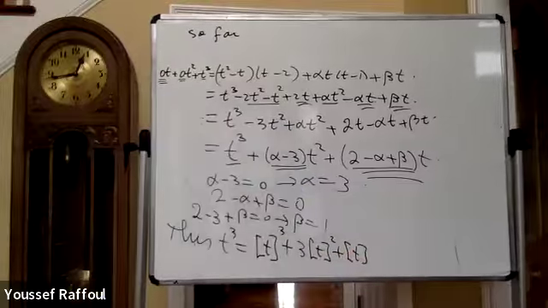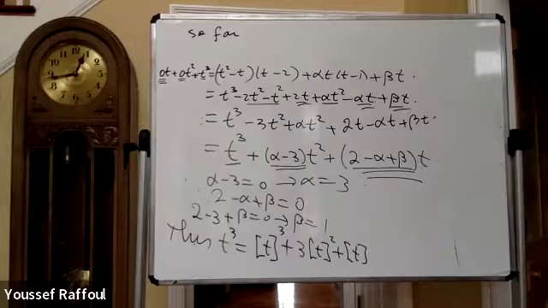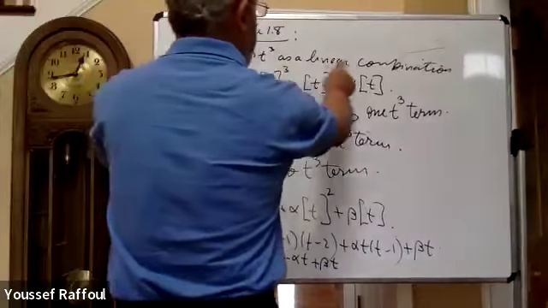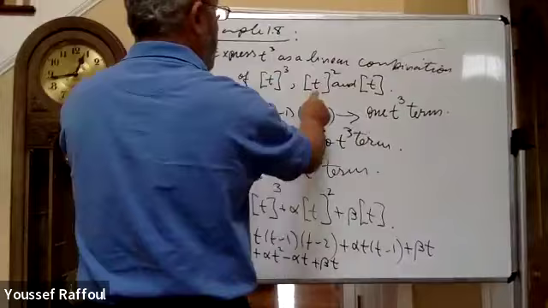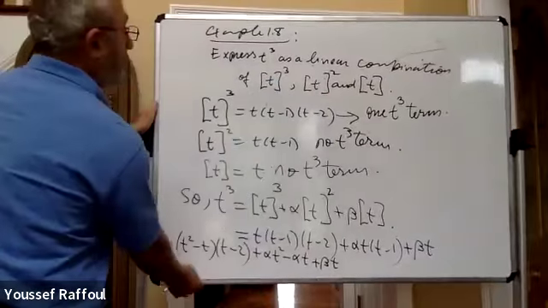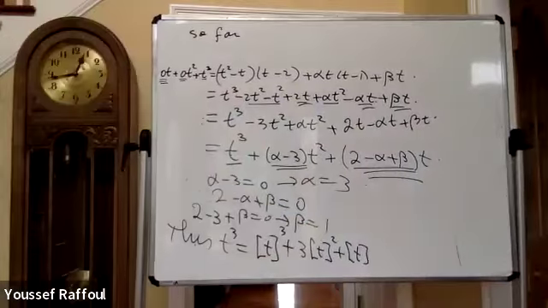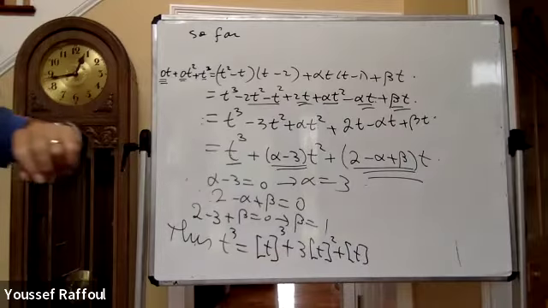And we're done. Remember what the question was. The question was, express t cubed as a linear combination of this, that, and that. And I did. Look at that. Any questions?